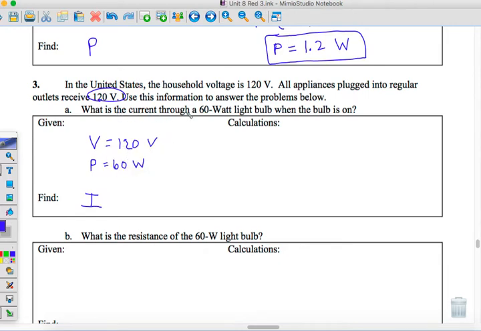Notice it didn't say the word power in here at all, but I can tell from the unit that the 60 watts is the power. So calculations, we've got our equation P equals IV. The power is 60 watts. The current is what we're looking for, and the voltage is 120 volts. So we divide by 120, divide by 120. We end up with a current that's 0.5 amps.